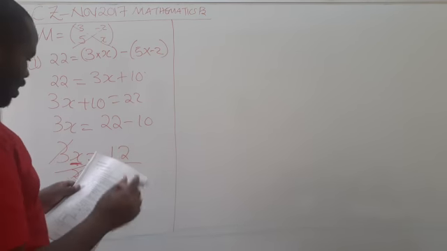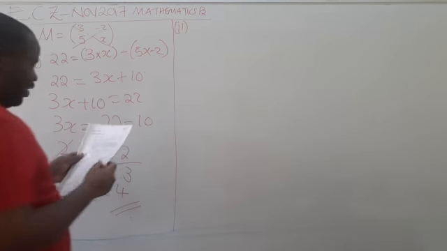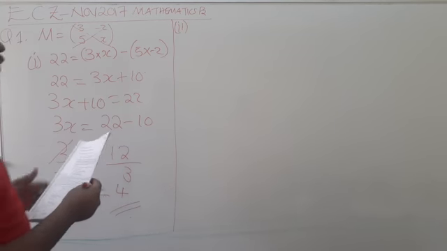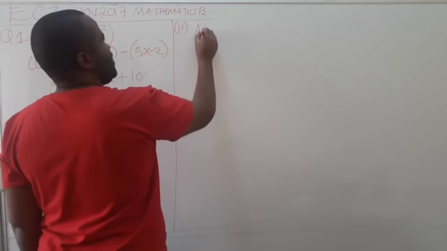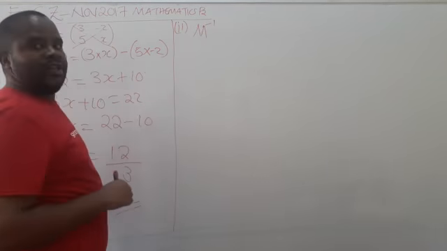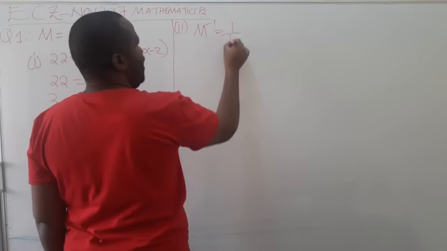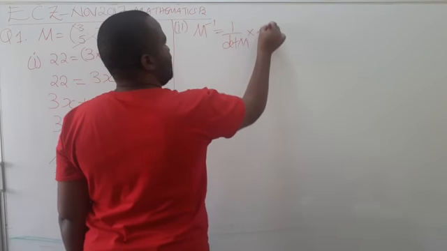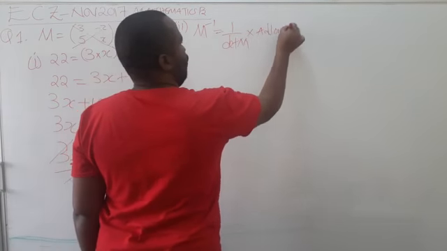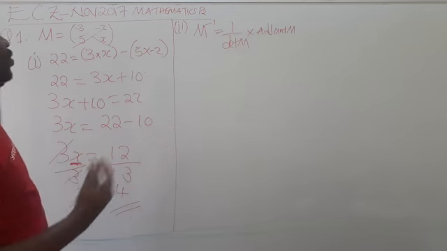Then, Roman numeral 2. We are saying, hence find the inverse of M. Now, what is the definition of the inverse? If I'm dealing with matrix M, the inverse of M will be denoted by M inverse. This is equal to 1 over the determinant of M times the adjoint of M. That's how we're going to get the inverse.